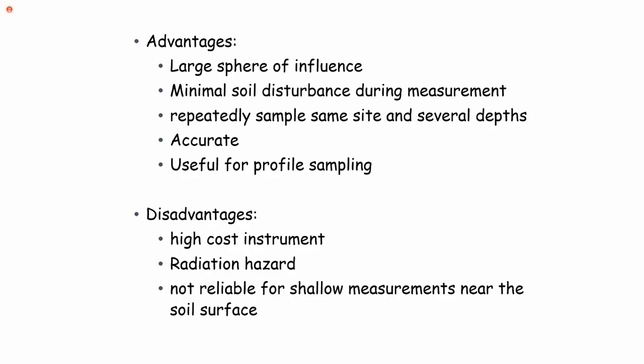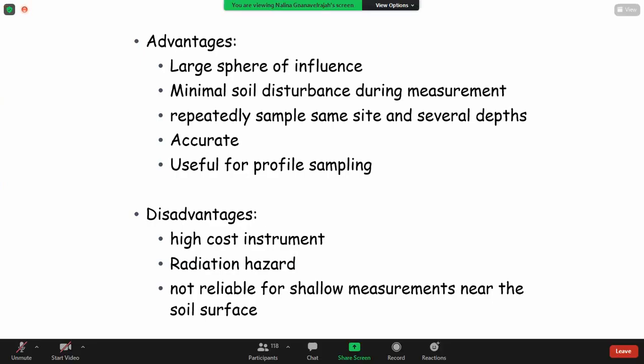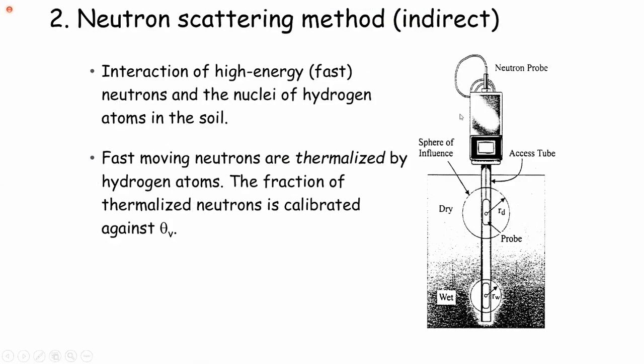So the advantages of this method: there is a large sphere of influence. For example, if you take only the gravimetric method, maybe you will take a sample from here. But when you put the instrument, this instrument will cover a large sphere rather than a small sample.